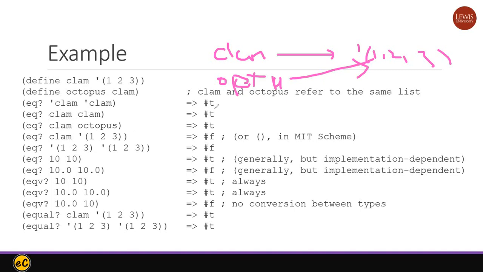So EQ these two, yes, they are the same. EQ clam, yes, they are the same. EQ these two, they are the same. They are pointing to the same object. But EQ clam with another list 1, 2, 3, 4. There's a different 1, 2, 3. When you write this one, it's a different one. So different object you are pointing to.